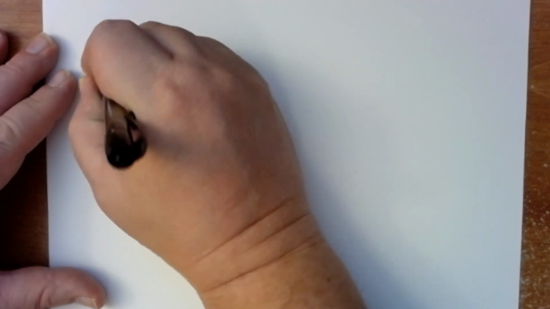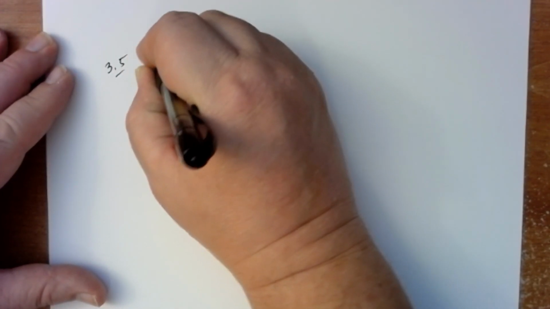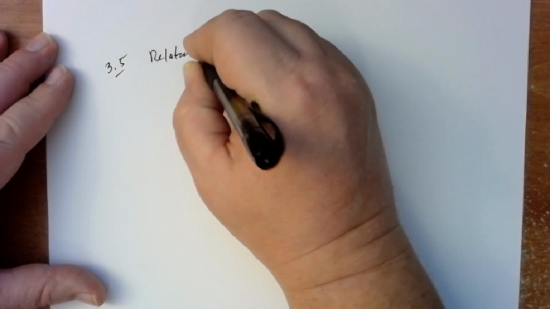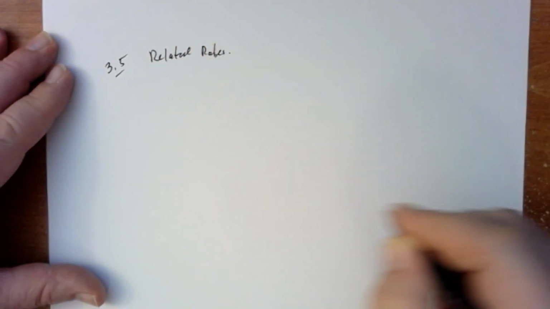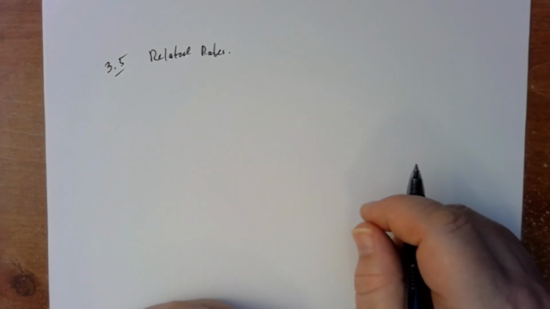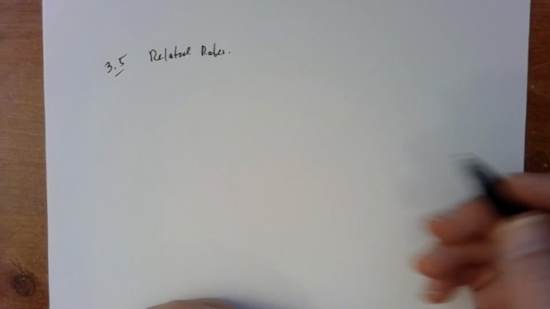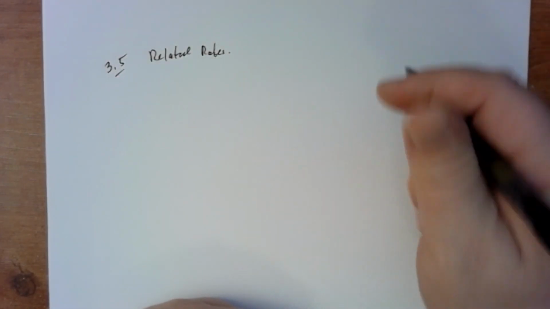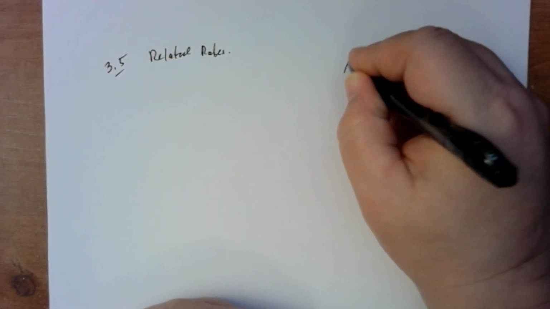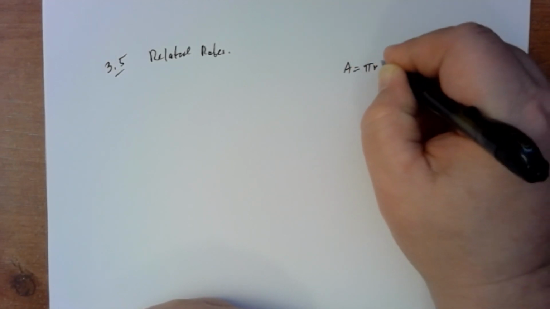So we're talking about section 3.5 today, related rates. And the idea here is that, when you have a formula, for example, the area of a circle is pi r squared.